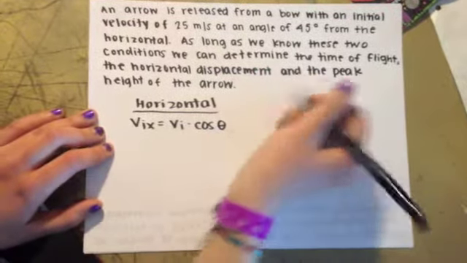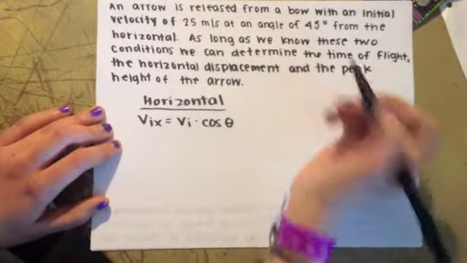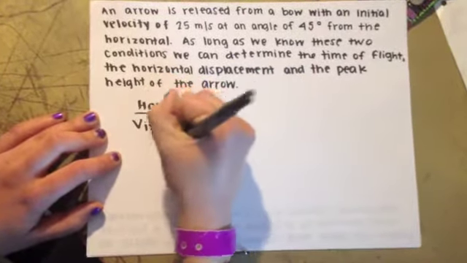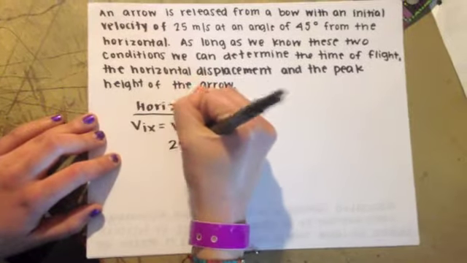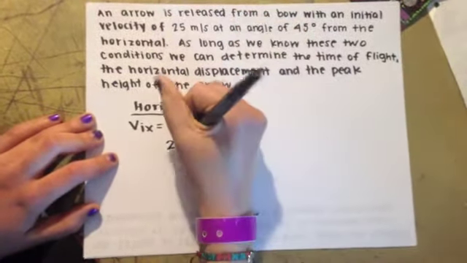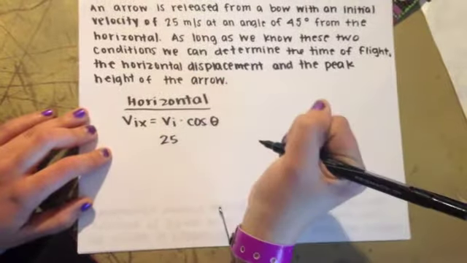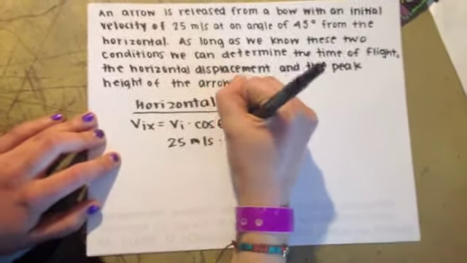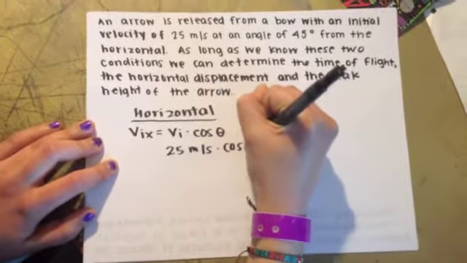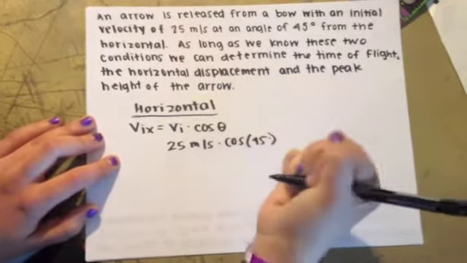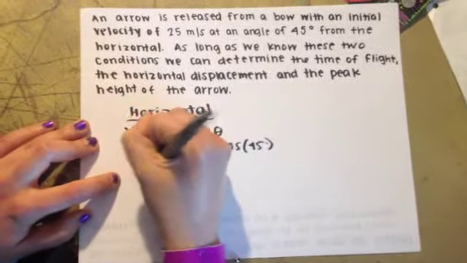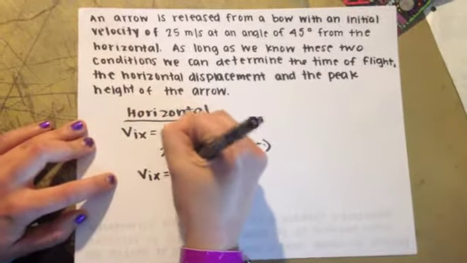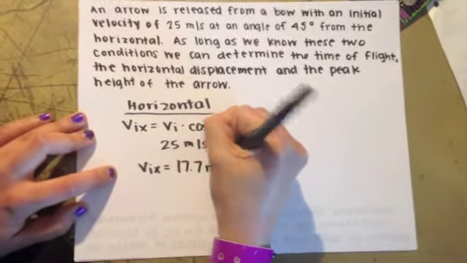We plug in 25 meters per second for the velocity and 45 degrees for the angle, and we get the velocity in the x direction equal to 17.7 meters per second.